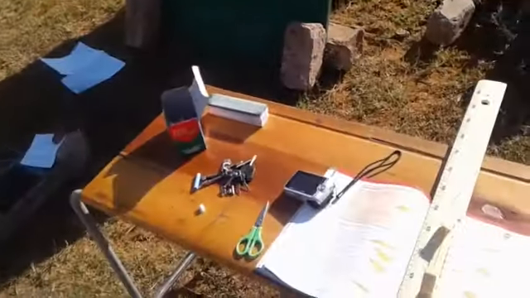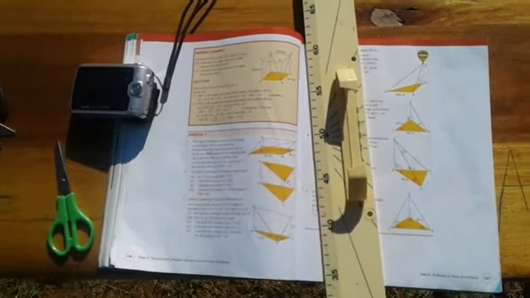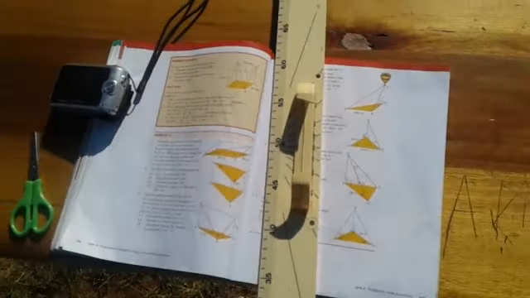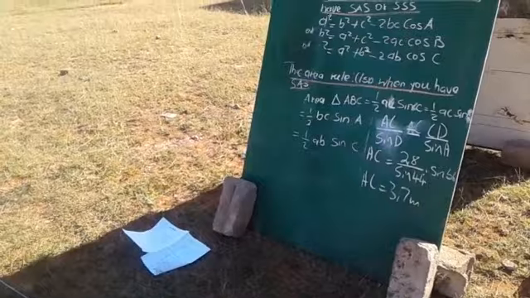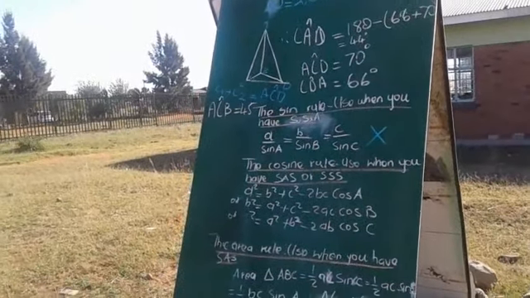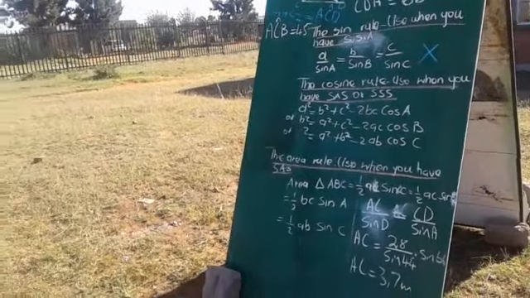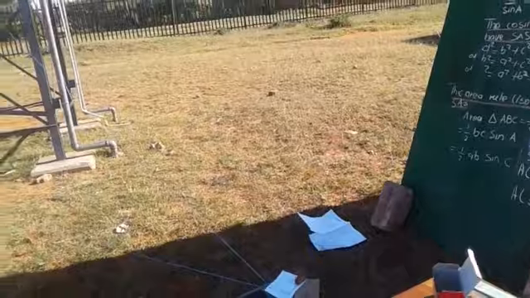So since we know we have at least one angle and a side, we can use our trig ratios to calculate height AB. So which trig ratio are we going to use? You must know your trig ratios. You must know your SOHCAHTOA.